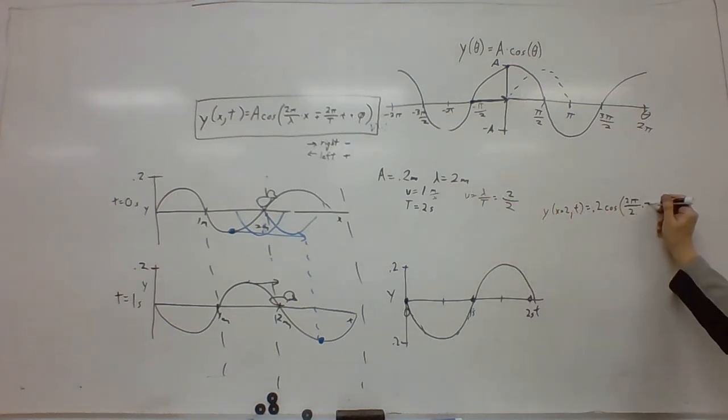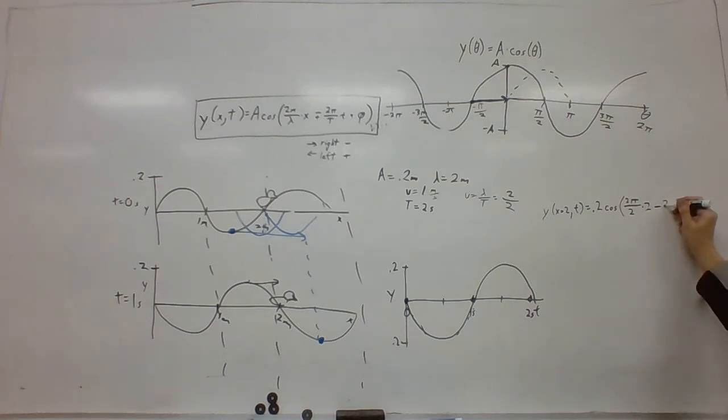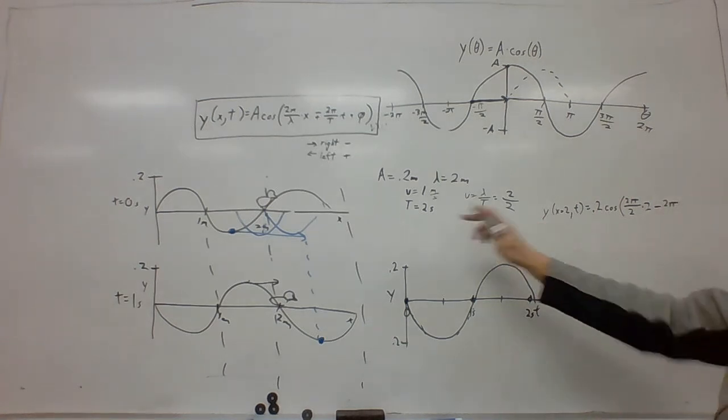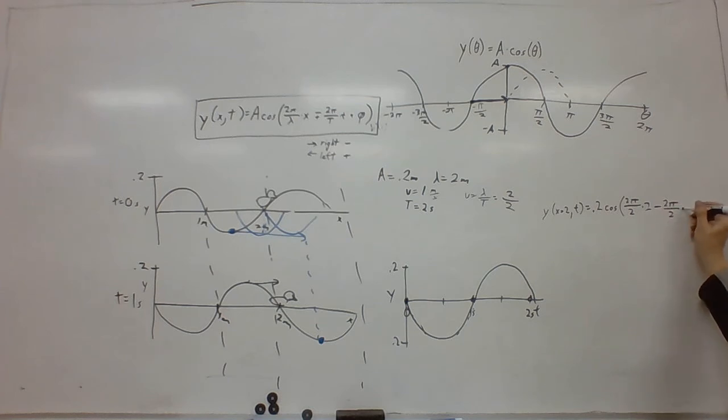X is 2, so I'm just going to plug that in. Plus or minus. It's going to be minus because the wave is moving to the right from our perspective. 2 pi over the period, which is 2 seconds, times time, that's our variable, plus phi, which is our phase constant. That's what we need to solve for.